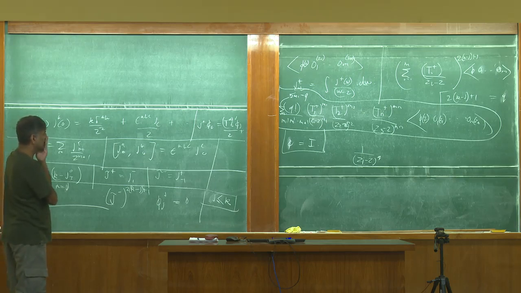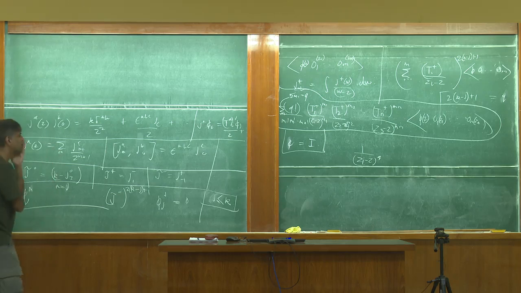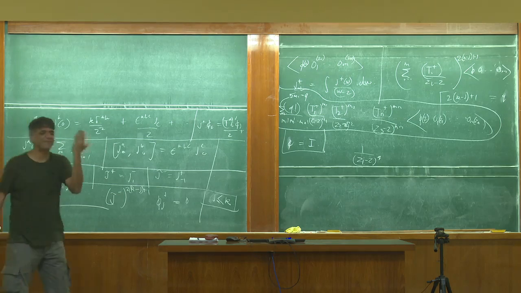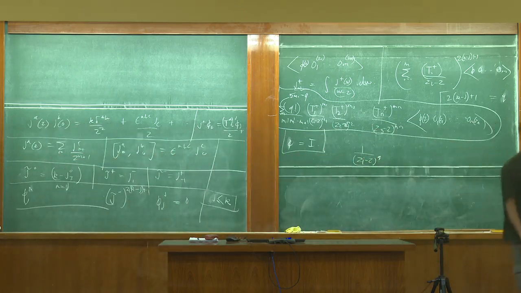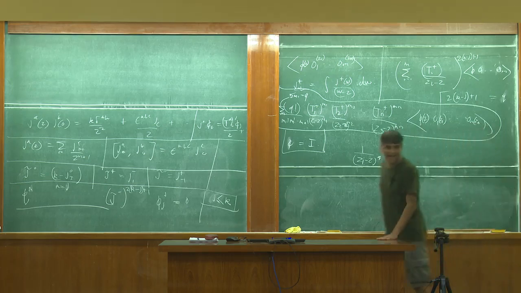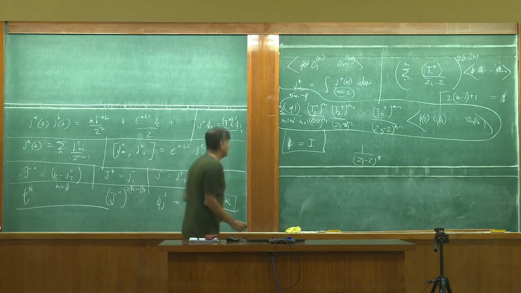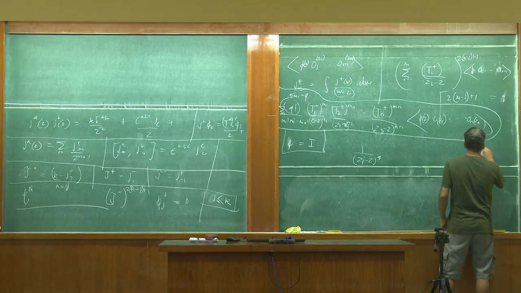I hope we got the factors of 2 right. Yes, this is k, because k is half integer. My k was normalized so it was half integer. Normalized so that it was an integer, it would become k plus 1, because 2k is the half integer. So that's what Witten would have, k plus 1. So in this simple case, q is equal to 2k plus 1.